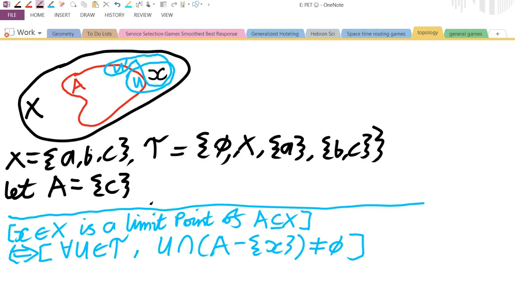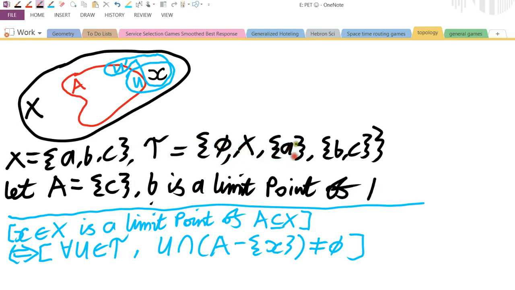Okay then, so it turns out that b is a limit point of A. Why is that the case?